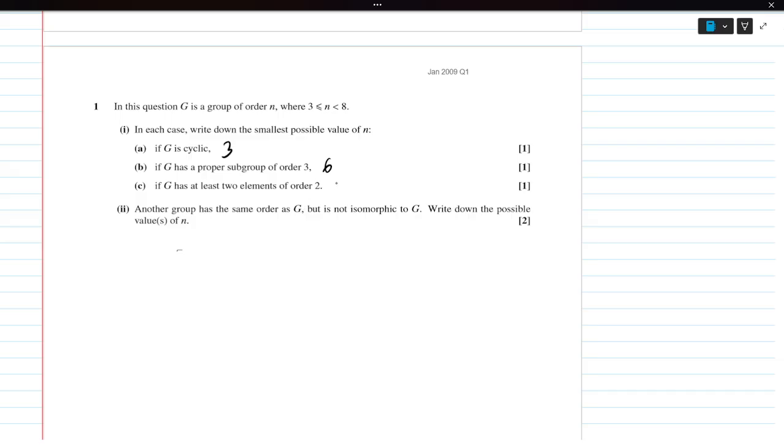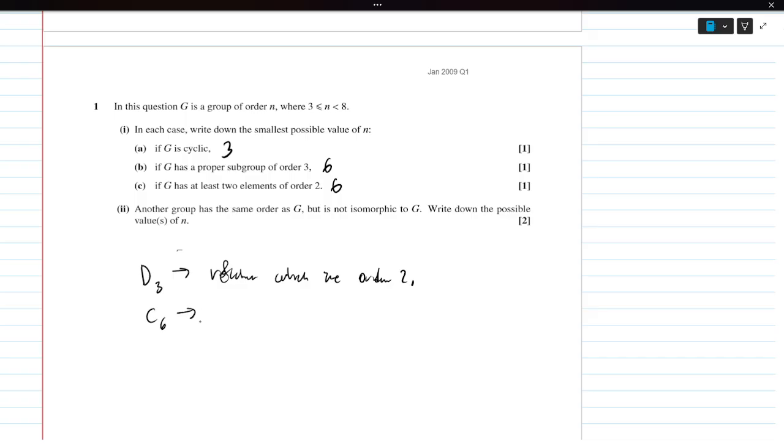I don't think it's 6. It is 6, yes, because the dihedral group has reflections, which are of order 2, and has at least 3 of them, so it's at least 2.